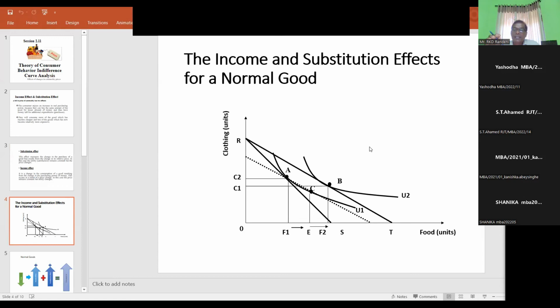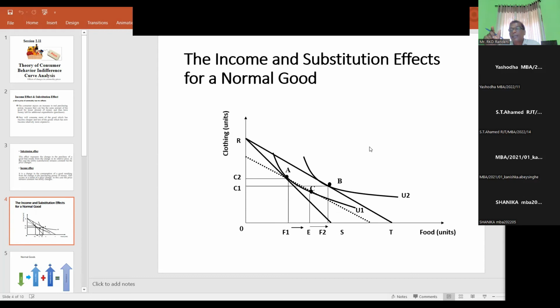Then first you have to realize what is the income effect. Assume that we are considering commodity X, that is the particular good. The price of X is reduced, right? Then others also can buy, right? For that reason the demand for commodity X is increased. That is the substitution effect.